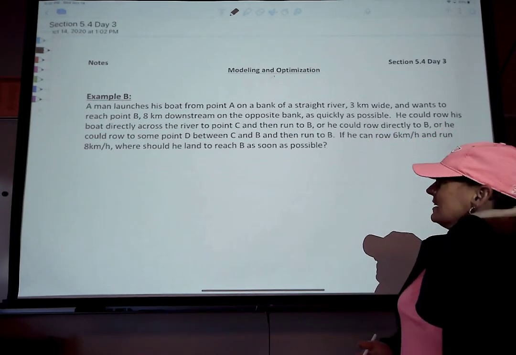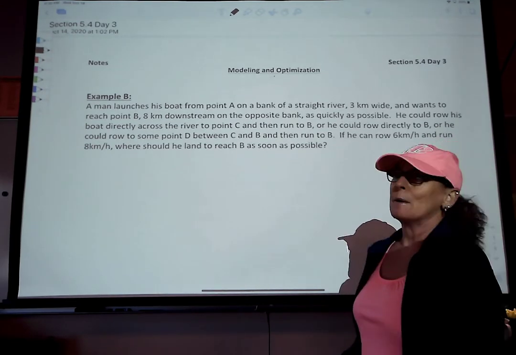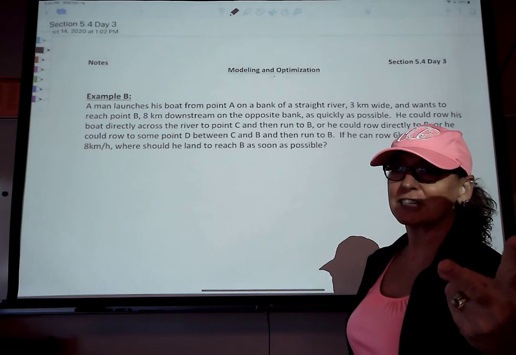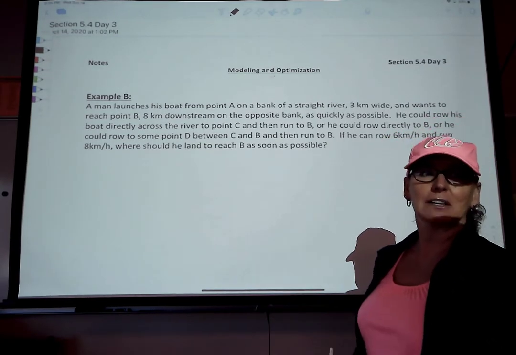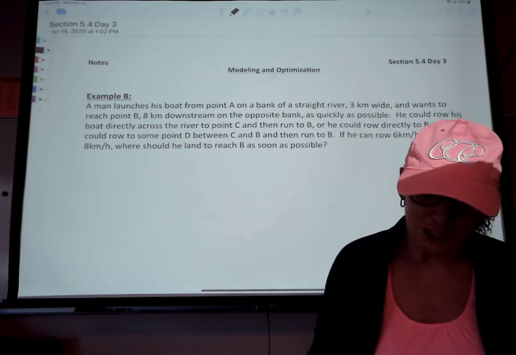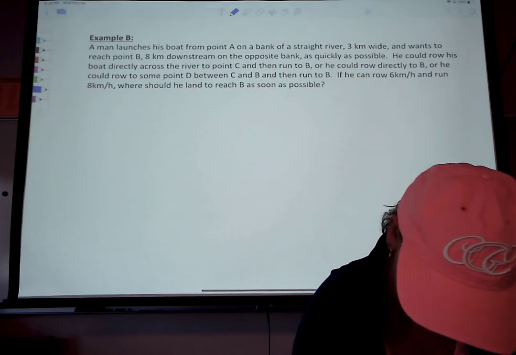So the first one is kind of a neat problem. We've got a guy who has a boat and a pair of sneakers, and he needs to get across and down river as quickly as possible. So let's draw a river.